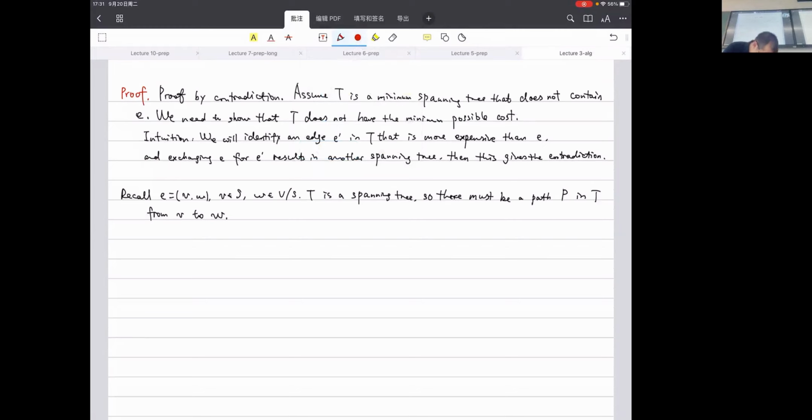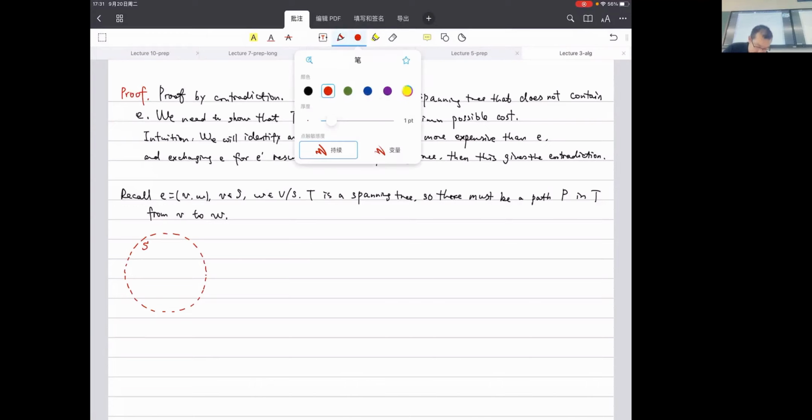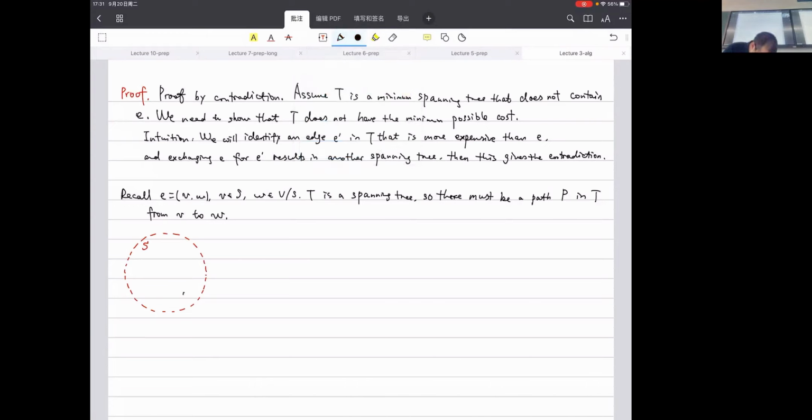Because E is the cheapest edge between S and V over S, let's draw S here. What is happening in this tree T? We have V here and W here. The edge between V and W is not in this tree T, but nevertheless, T is a spanning tree.